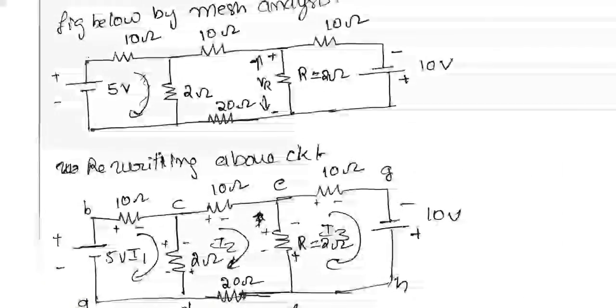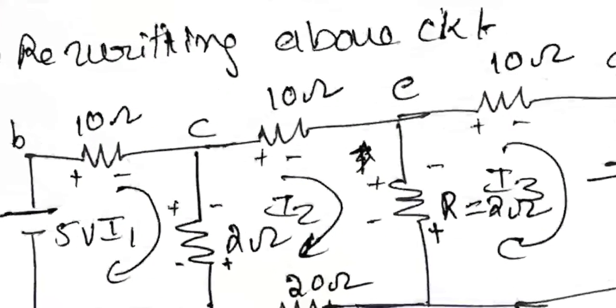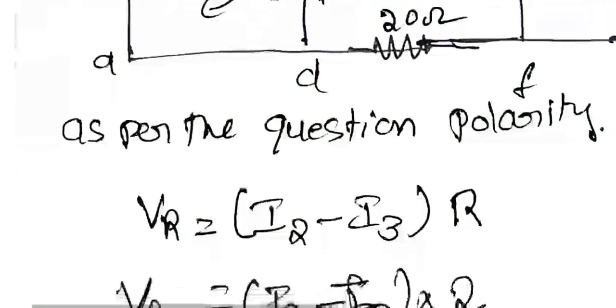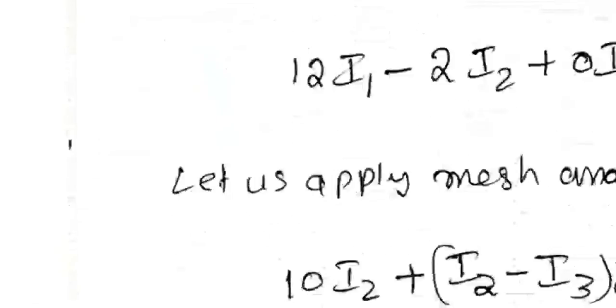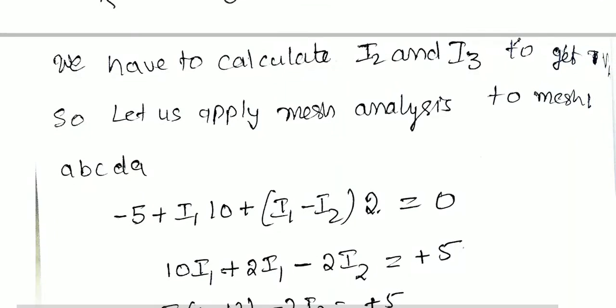Now let us apply KVL to loop 1. The current connected to the 10 ohm resistance is I1. The current connected to this 2 ohm resistance is I1 minus I2. If I apply KVL to this loop, it looks like this: minus 5 plus I1 into 10 plus (I1 minus I2) into 2 is equal to 0.